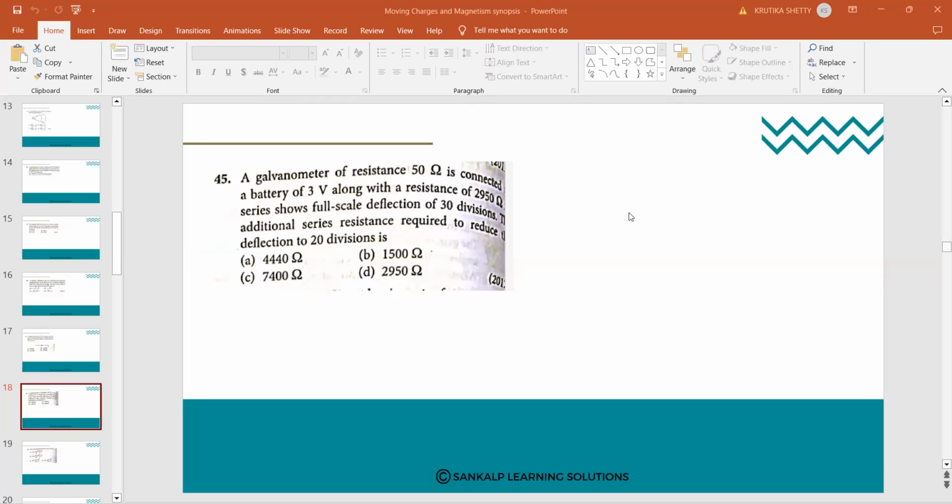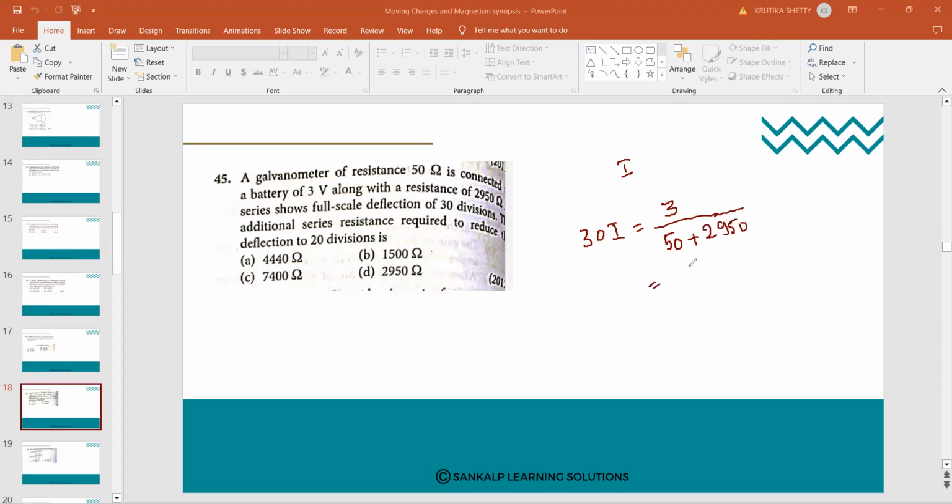Yes, what we are going to do here. If you consider I is the current for the full scale deflection, then here this is 30 into I, which is equal to voltage, 3, divided by resistance, that is galvanometer resistance 50 ohm, and you are connecting the resistance of 2950 ohm.